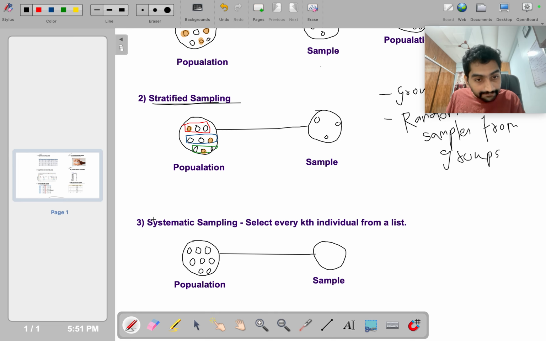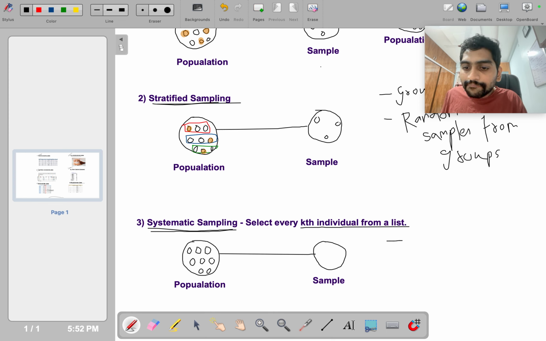Now the third technique is systematic sampling, which everyone should follow. Let's say, to go to the USA you require an H1B visa, and only a few people will get that visa. So what we will do is select every kth individual from the list. Let's say these 9 people are there.